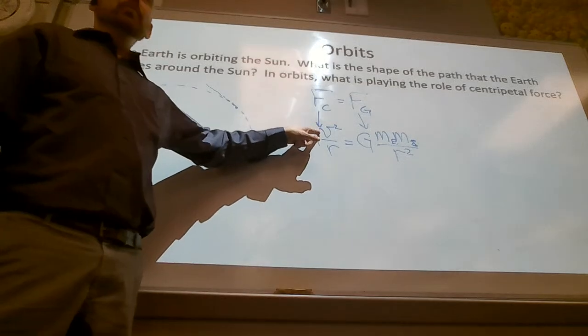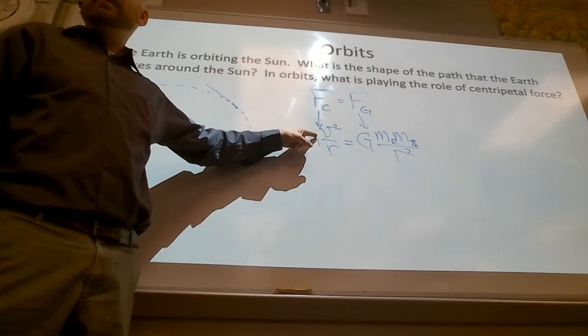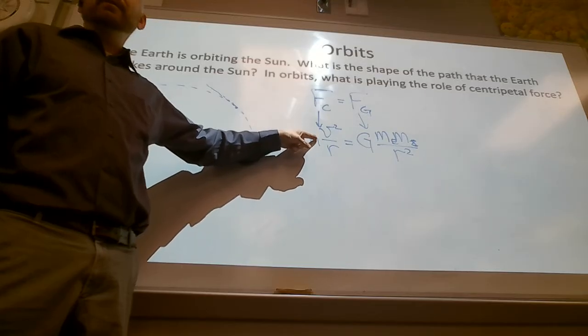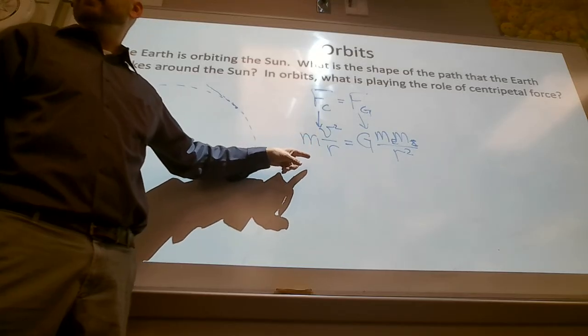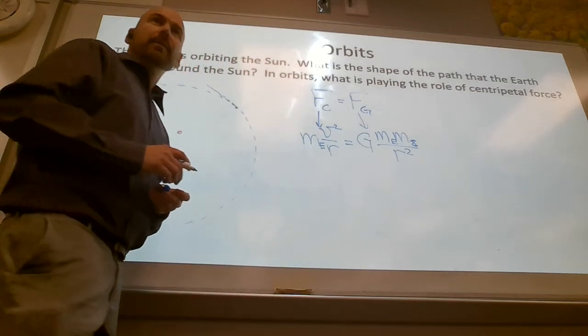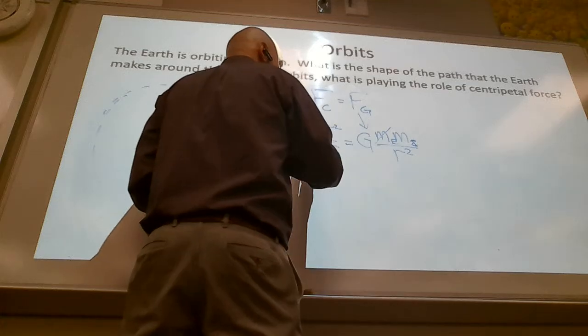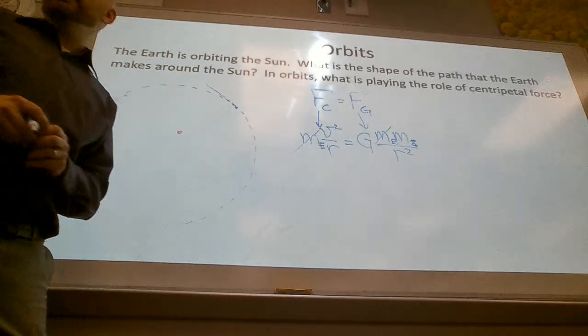Which object is moving with this speed? Earth or sun? Earth. So this is the mass of the Earth. You okay with that? So the mass of the Earth gets simplified.